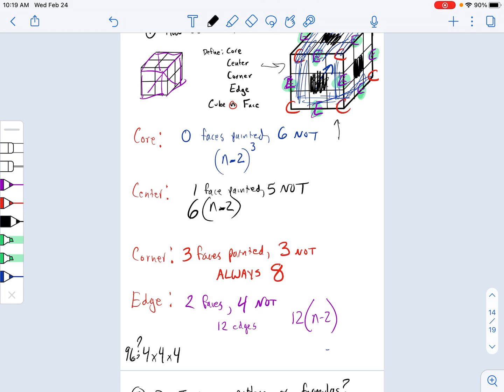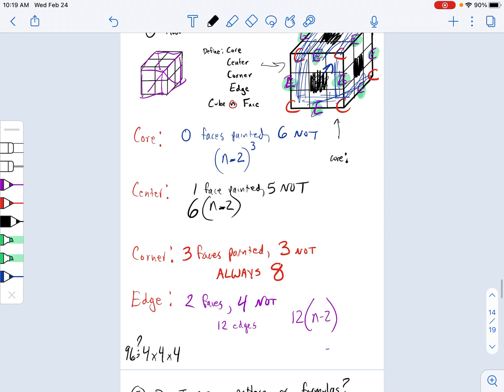So let's see. The number of core cubes that give me 0 faces painted and 6 not. I would get a 2 by 2 by 2 cube, so I'll have 8 cubes. That's 0 painted and 48 not painted.